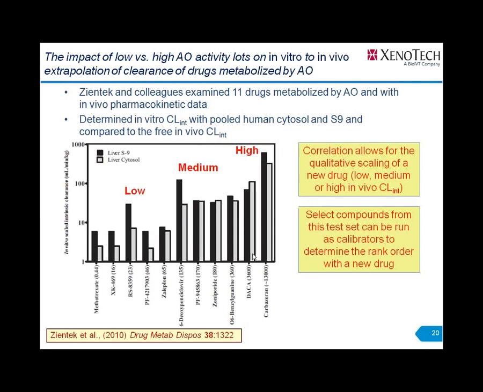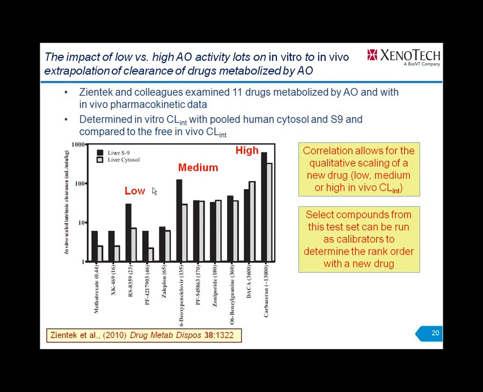And essentially, they've sorted their data such that those substrates that are in vivo high clearance aldehyde oxidase substrates are on the right-hand side. We've got a group in the middle that comprises the medium clearance aldehyde oxidase substrates, and then the low clearance aldehyde oxidase substrates.